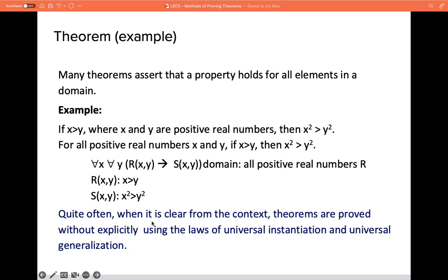Quite often, when it is clear from the context, the theorems are proved without explicitly using the laws of universal instantiation and universal generalization.